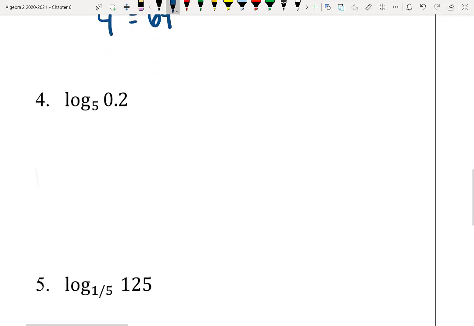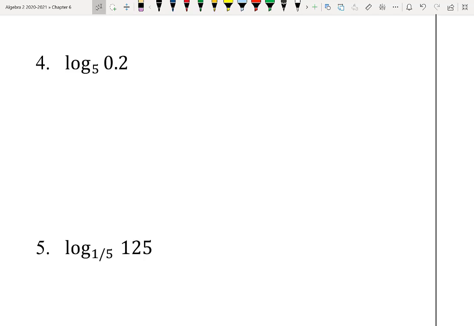So for number 4, I'm trying to figure out what log base 5 of 0.2 is. Again, if I rewrite this in exponential form, I feel like that's easier for most of us to comprehend. We're trying to figure out 5 to what exponent gives me 0.2. Now, this one is probably going to take a little bit of rearranging, because most of us could guess and check on our calculator, but it might not be something that's quite obvious to us.